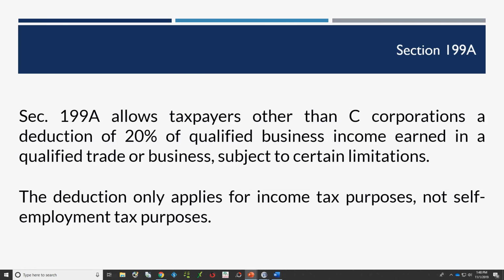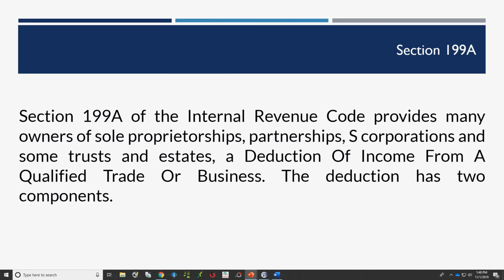The deduction only applies for income tax purposes, not for self-employment tax. So your Schedule C people will pay self-employment tax on their full net profit on that income. This QBI will not affect the Schedule SE. Section 199A applies to sole proprietorships, partnerships, S corps, and some trusts and estates.